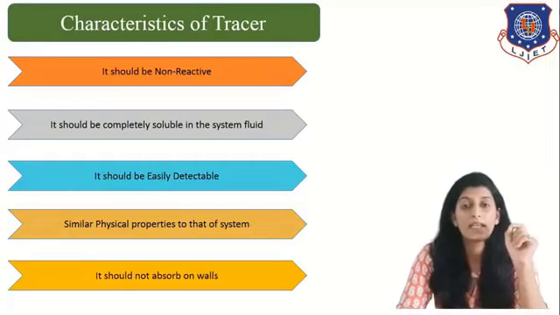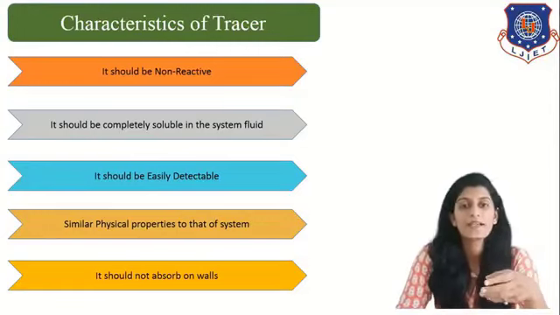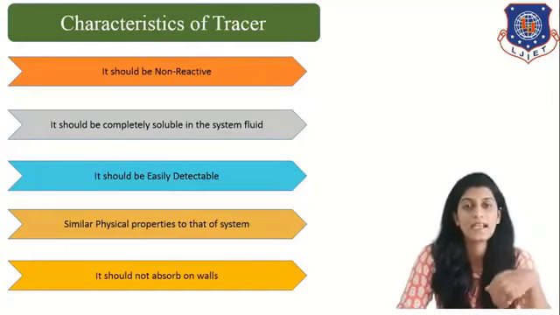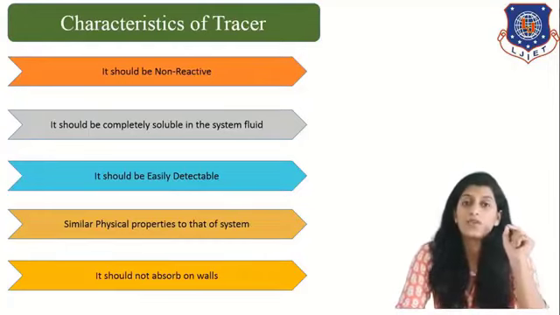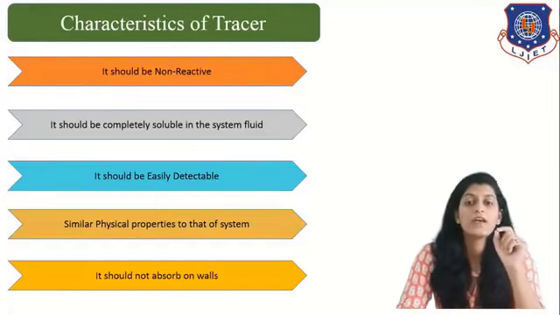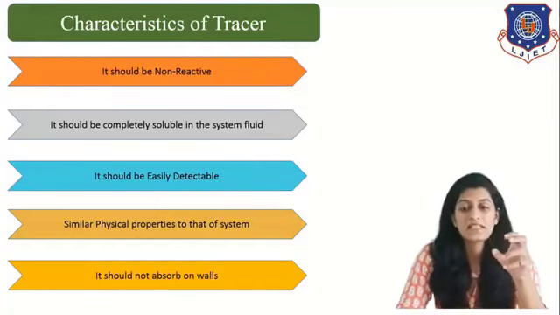This should be very much focused on, because if it gets stuck to the walls of the reactor, then it can affect the actual conversion of the reaction when we are carrying out the actual reaction in that particular reactor. So it is always advisable that you use a tracer which is non-absorbent, right? It should not get absorbed on the wall surfaces.